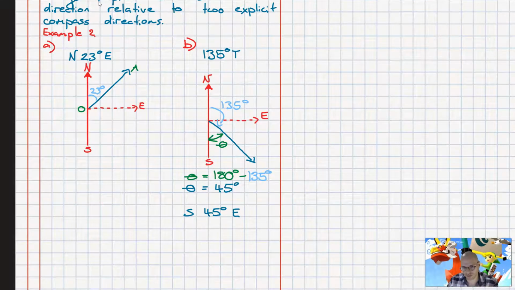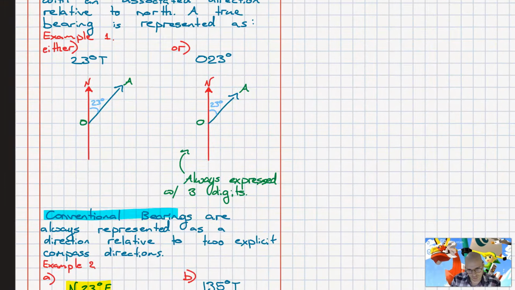So south 45 degrees. So you start off by going south and then you branch eastward by 45 degrees. And that's how we represent it using the conventional bearings. So up here we have the true bearing, and down here we have conventional bearings.